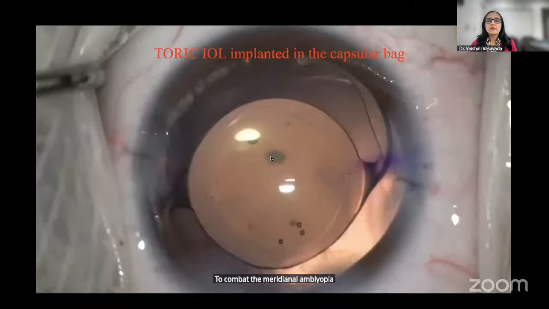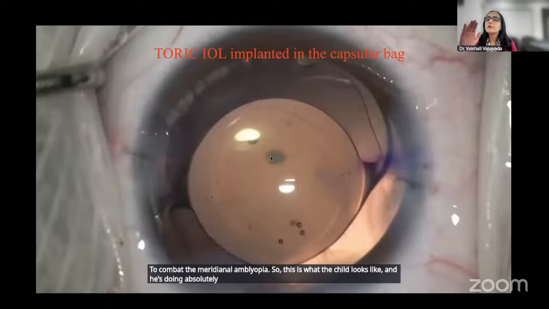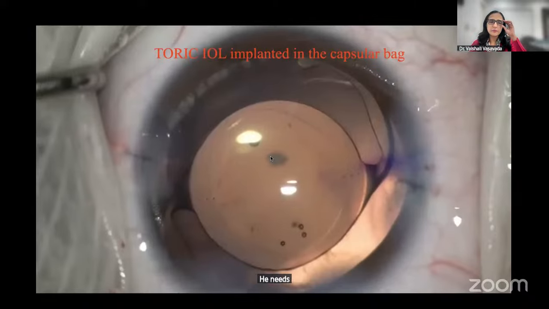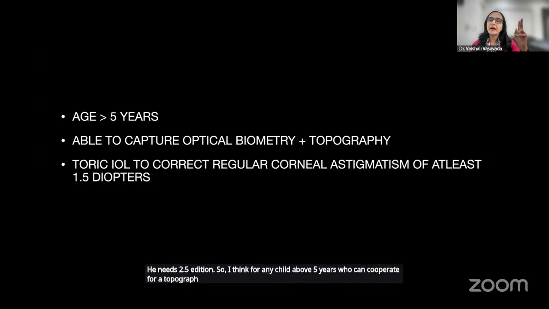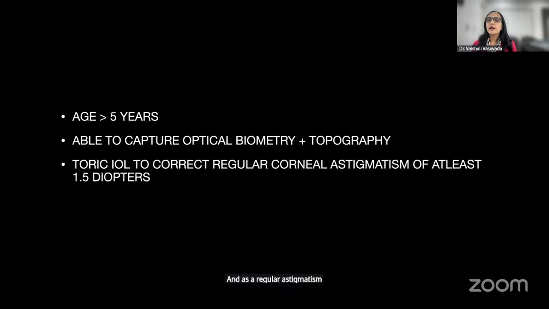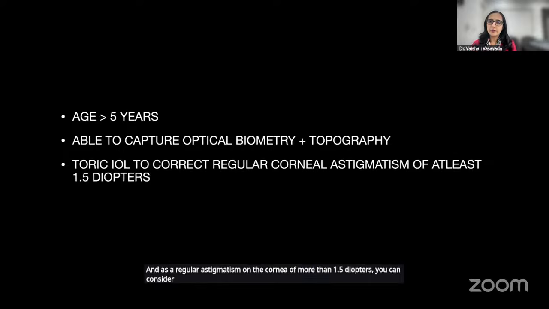So this is what the child looks like, and he's doing absolutely well, 6/6 unaided for distance, but near, obviously, he needs 2.5 addition. So I think for any child above 5 years who can cooperate for a topography and a biometry and has a regular astigmatism on the cornea of more than 1.5 diopters, you can consider astigmatism correction.